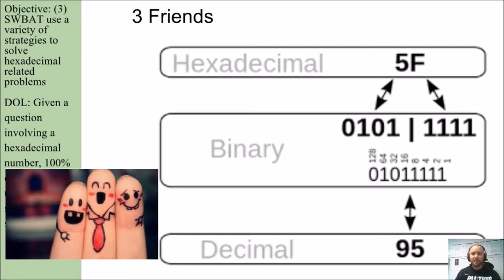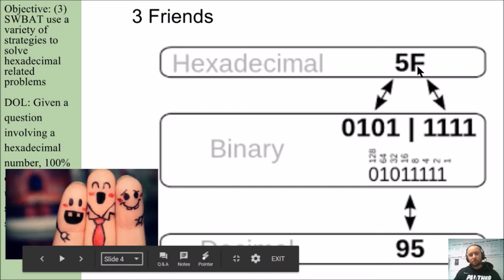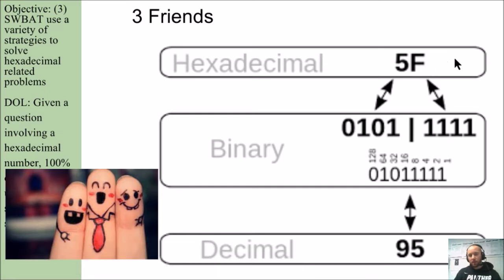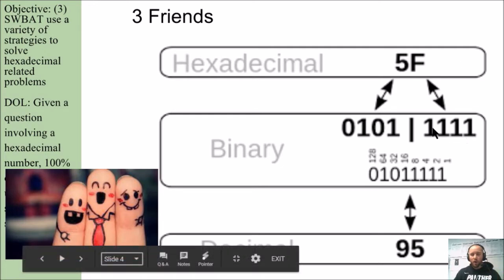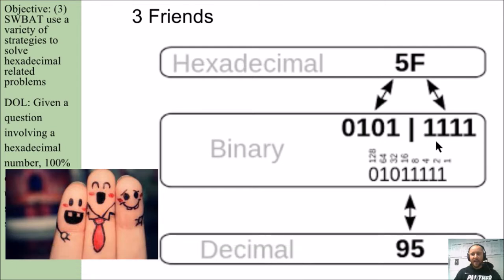So think back to hexadecimal. We have the number 5F here, and F is the number 15 in decimal, right? So if you do a quick mental translation, 15 in binary is 1111, right? So you got 1, 2, 4, 8 plus 4 is 12, plus 2 is 14, plus 1 is 15.